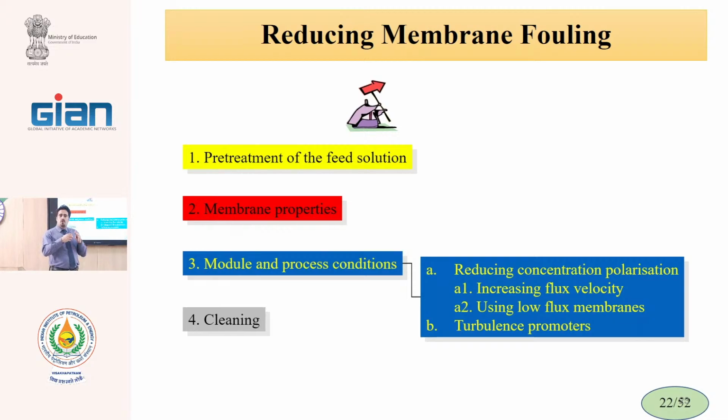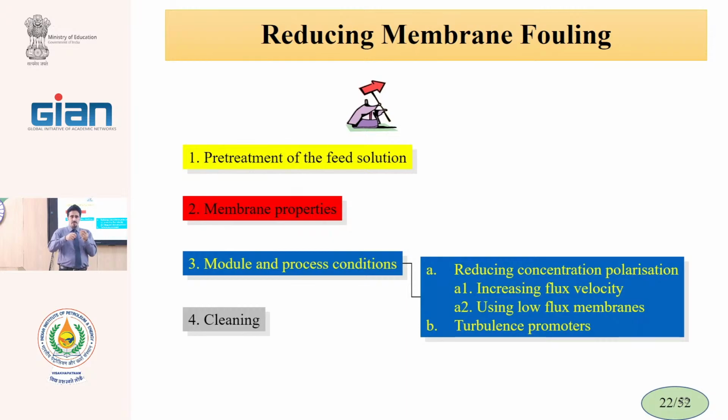For turbulence, we usually have two methods. One, increase of the speed, that we say we have a limitation, max speed. The second, using of baffles, baffle or promoters.